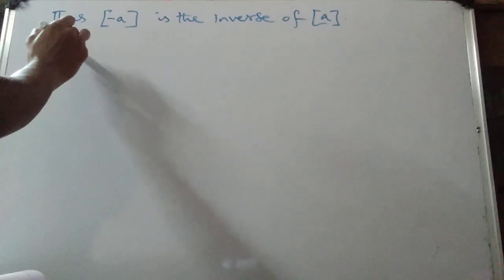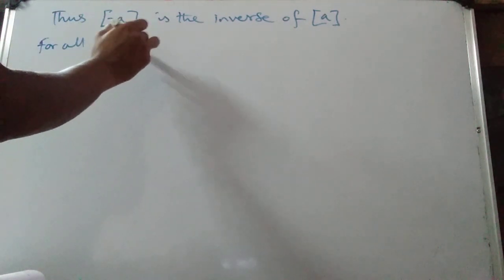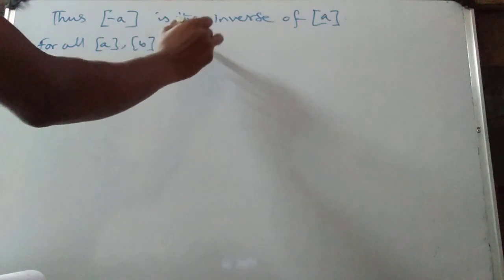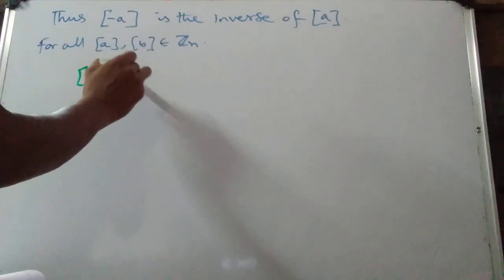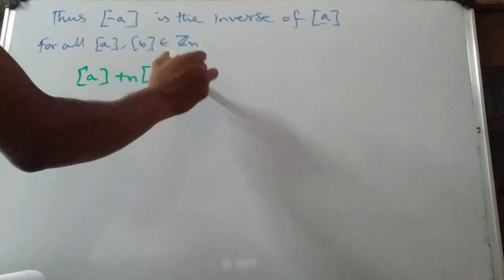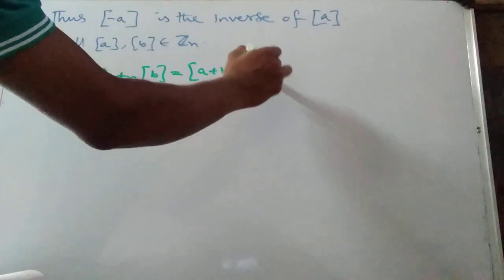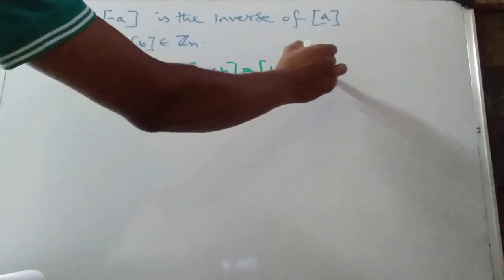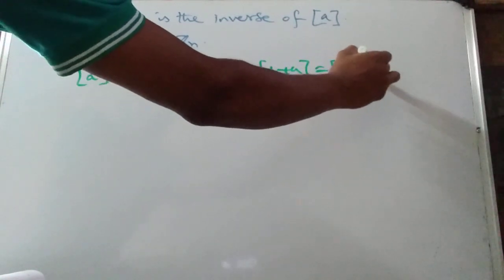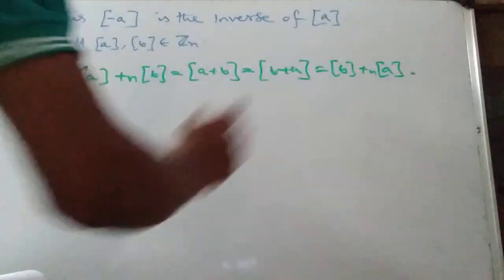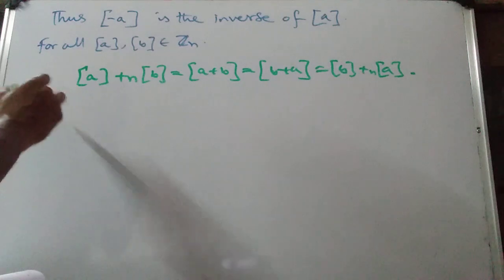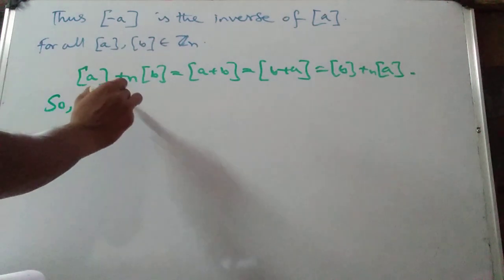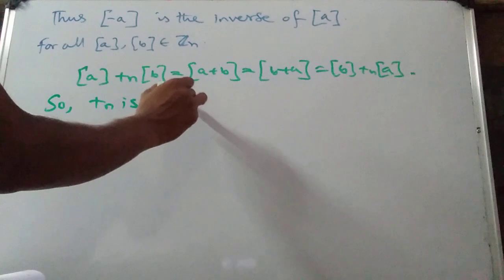We write it in this way, for all class A, B belongs to Zn. Then we write A addition modulo n B equals A plus B equals B plus A equals B addition modulo n A. Understood? So class n is commutative.